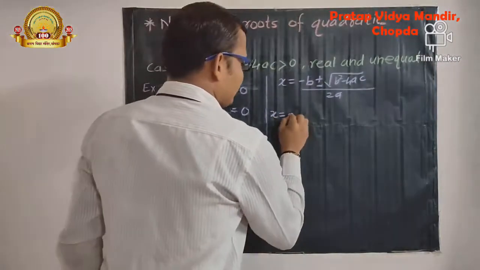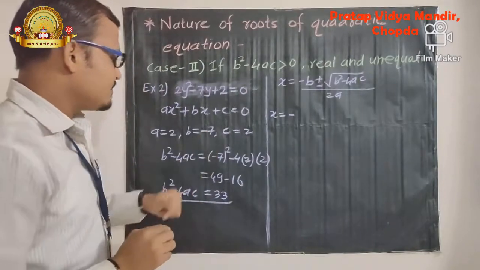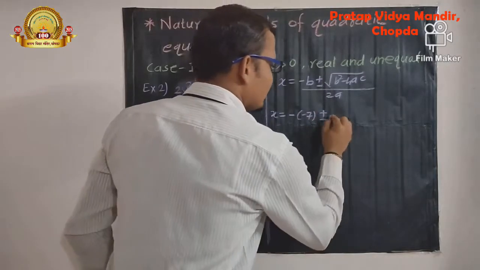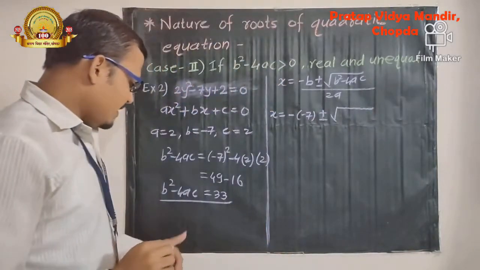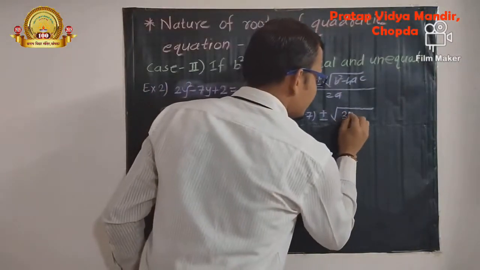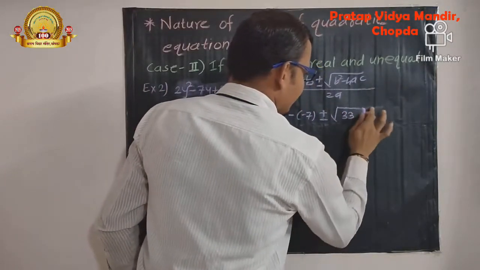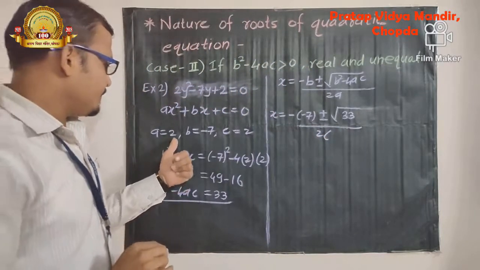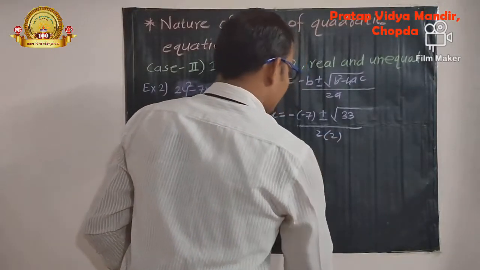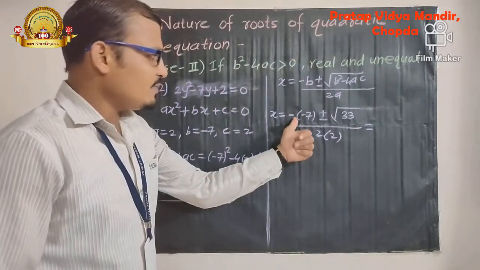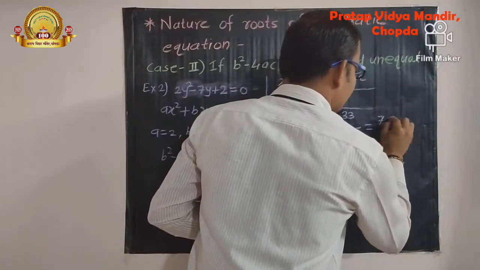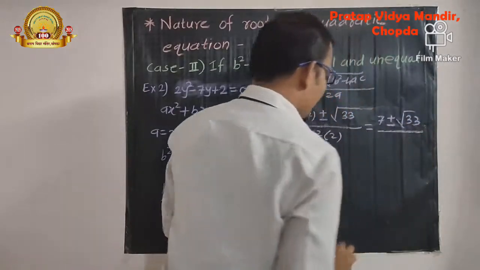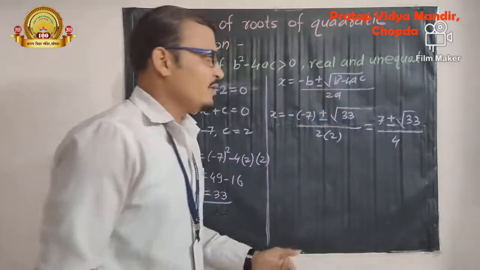So let us put all these values. x = -b, value of b is -7, so -(-7) ± √(b² - 4ac). Value of b² - 4ac is 33, upon 2 into a. Value of a is 2. So we get here +7 ± √33 upon 2 into 2, which is 4.